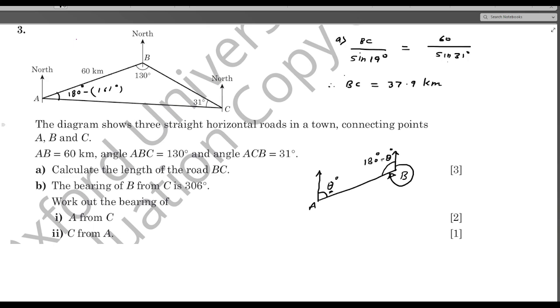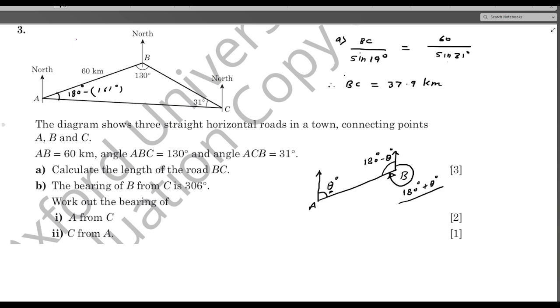And if this is 180 minus theta, this angle is going to be 360 minus this, which is equal to 180 degrees plus theta degrees. So one angle is 180 plus theta, the other angle is theta, right? Your bearing could be acute or obtuse, but both the bearings cannot be obtuse or cannot be acute.